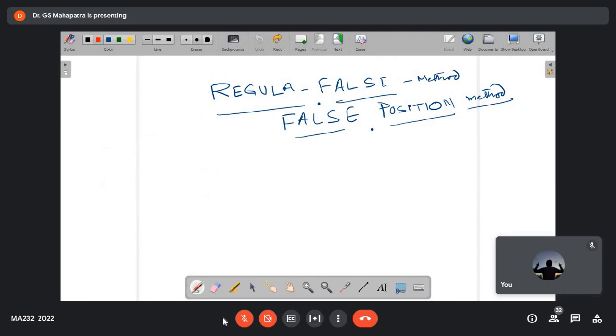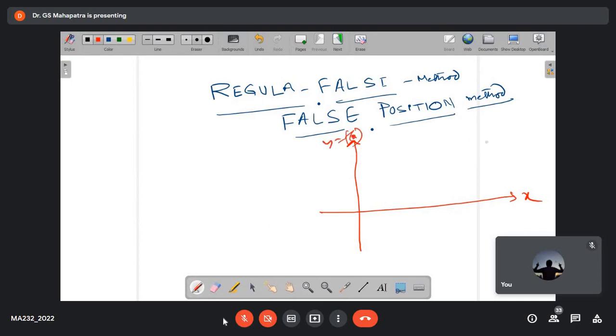Now I have erased that one. Using that concept we discussed a few minutes back, we can find its application. Consider y equals f of x.